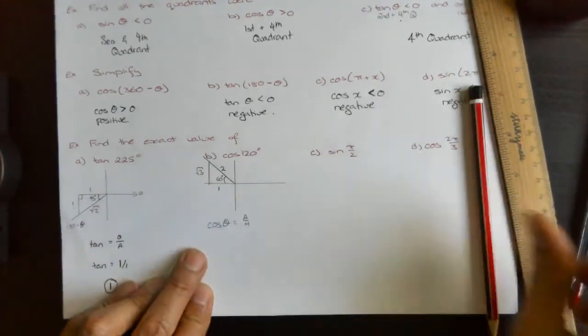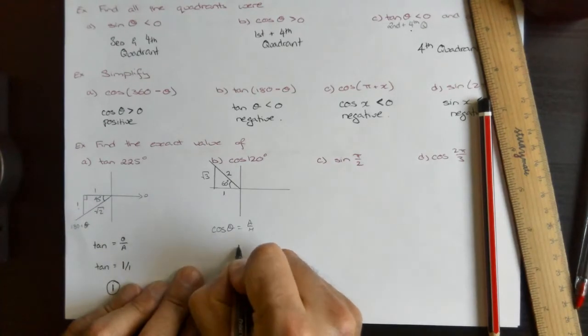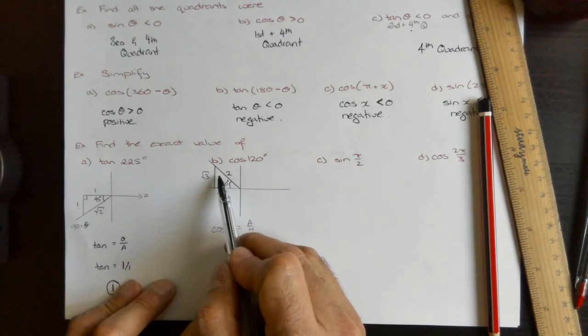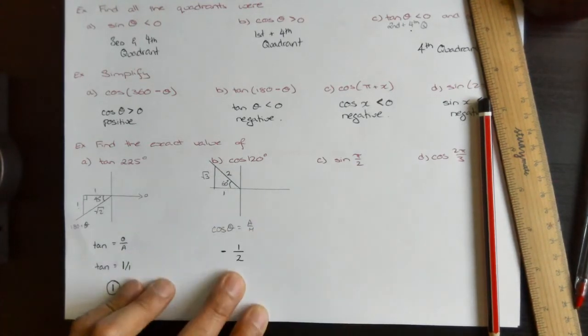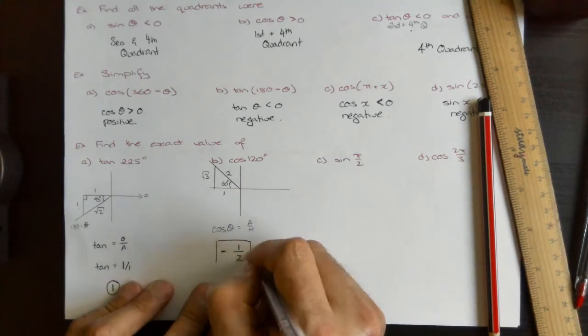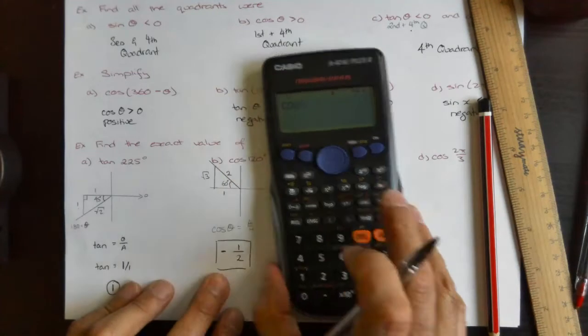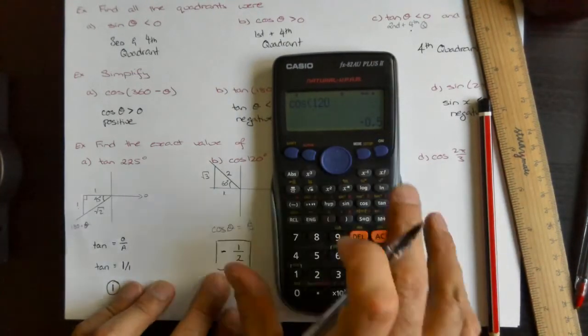In this case, it's going to be 1 over 2. And in this quadrant, cos is negative. So it's going to be negative a half. We can test it. Cos of 120 is negative a half. Okay.